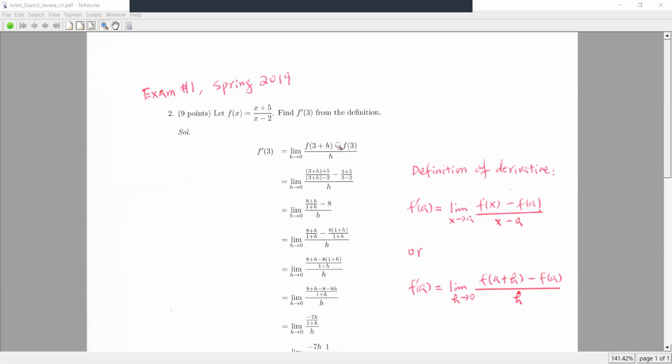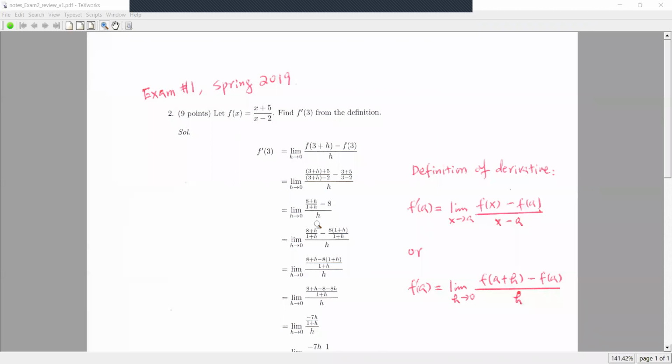To find f of 3, replace all the x by the number 3. Then f of 3 is this quotient. Simplify the numerator, then I have this equation.